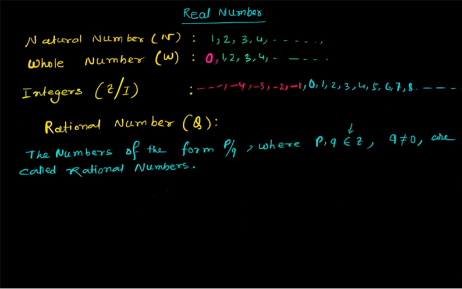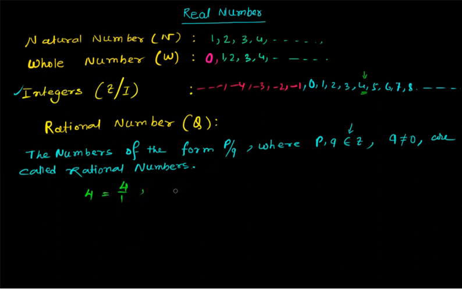According to the definition, all the integers, that means natural numbers, whole numbers and negatives of natural numbers, are also rational numbers. Why? Because you choose any integer, say I'm choosing 4. The 4 is an integer. It also can be represented in the form 4 by 1.